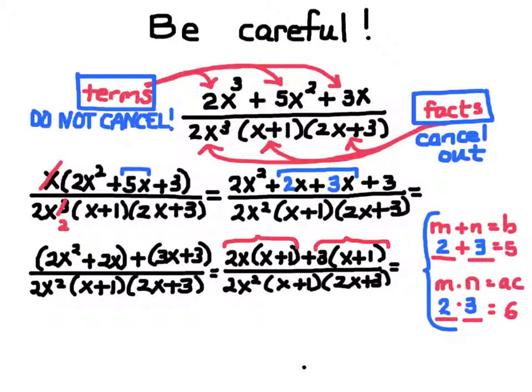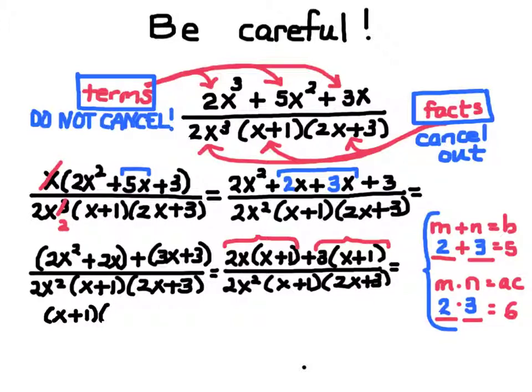You can think of this almost as a binomial, where this entire entity is a term, and it's added to this entity. So I want to know what is the greatest common factor between these two terms, and you hopefully can see that it's the binomial x plus 1. So I'm going to factor out the binomial x plus 1. And when I do that, what's left?